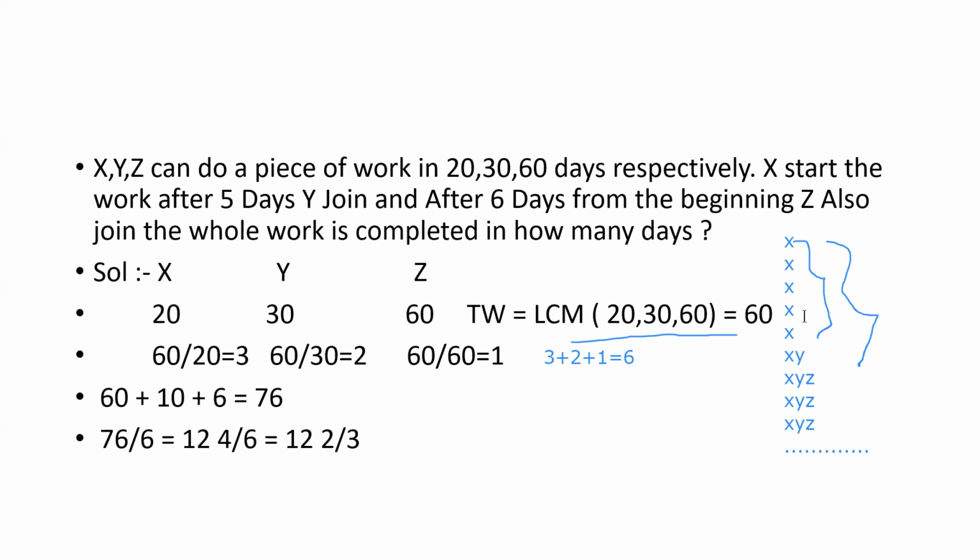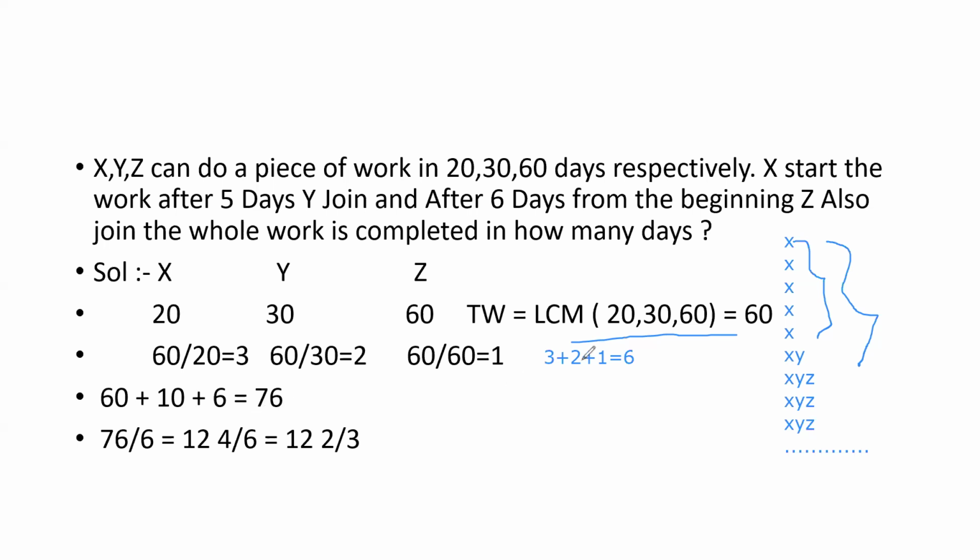Later we see that we don't know how many days some persons can work, but we know how many days they can't work. So we add these days of work to the total work. Then we get one value.